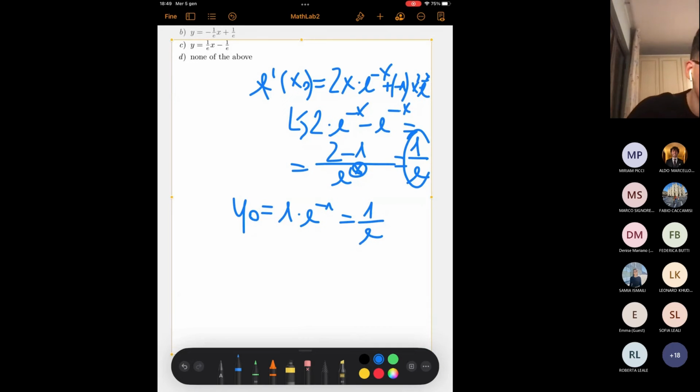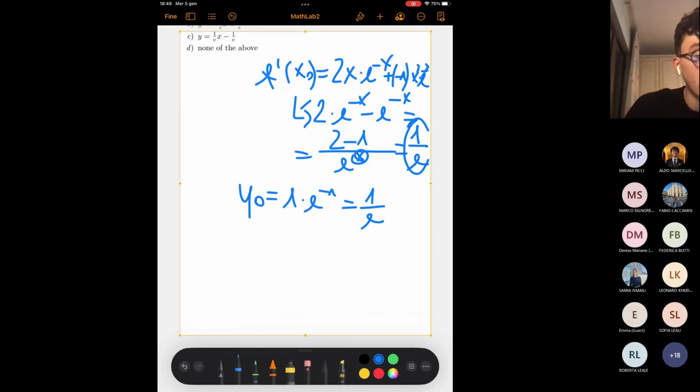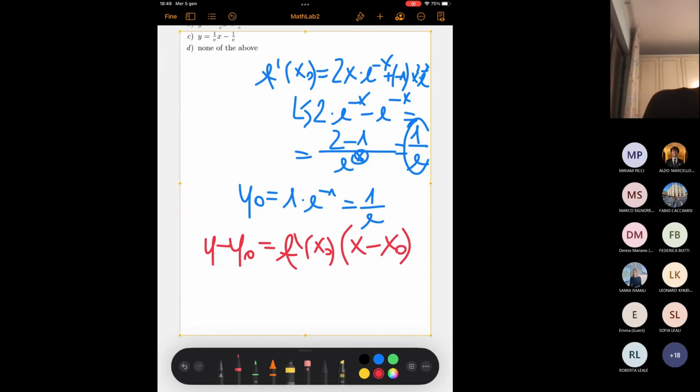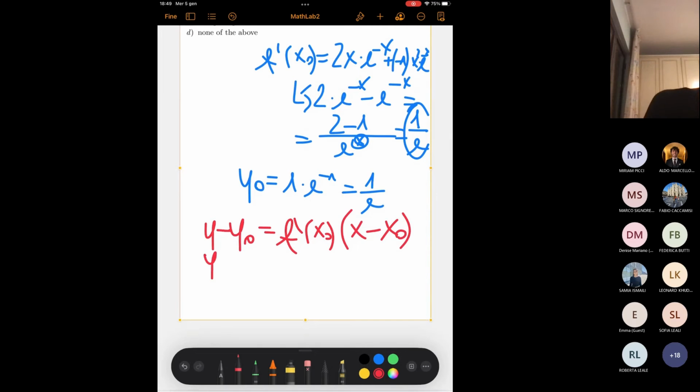As we all know, the formula to calculate a straight line is, I will change color, y minus y0 equal to f prime of x0 times x minus x0, so y minus 1 over e equal to f prime of x0, which is 1 over e, and x0 is 1, so it's x minus 1.